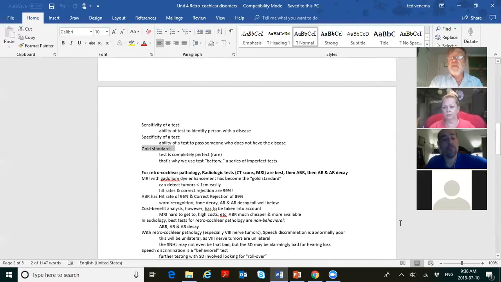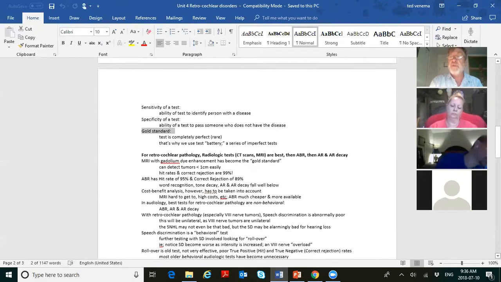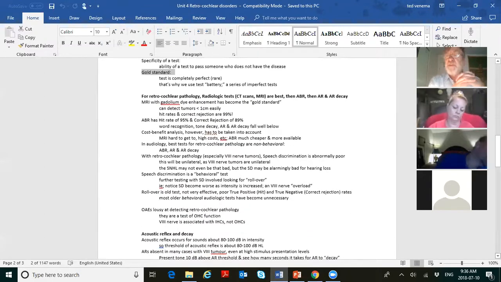With that in mind, retrocochlear pathology is really the testing ground of tests, because tumors are hard to find, unlike a pure tone test to find conductive hearing loss. If you're looking for a tiny little tumor, tests are only so good, and you usually have to use a battery of tests to come up with a real solid answer. But we do that with all of our testing anyway.